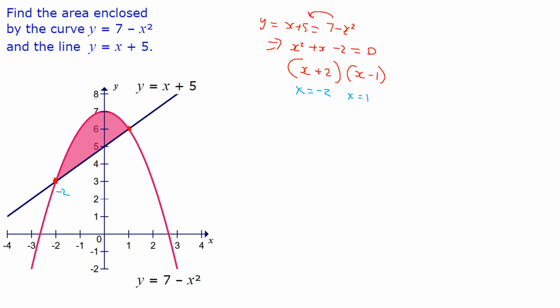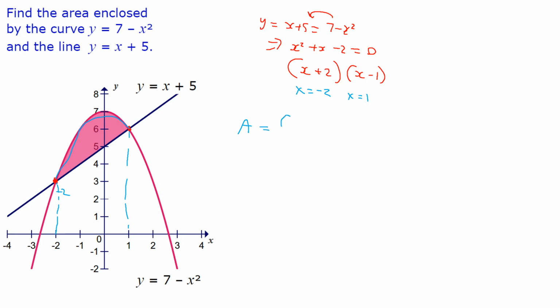Okay, standard stuff. Now what we need to do is the integral underneath this line, and we subtract it from the integral under this curve. The way we can do that is we can simply write it out.